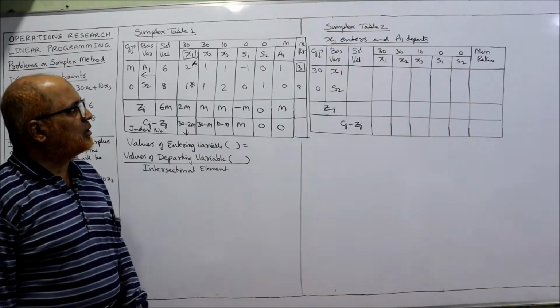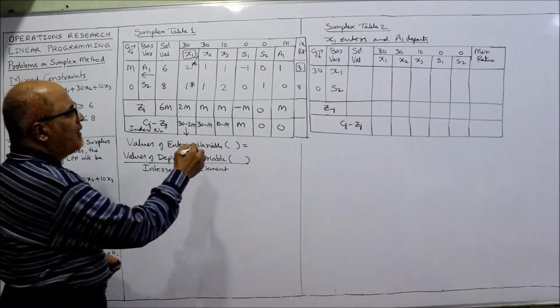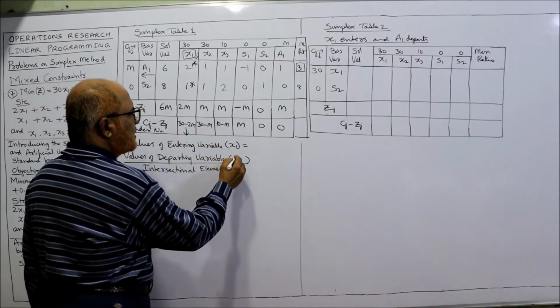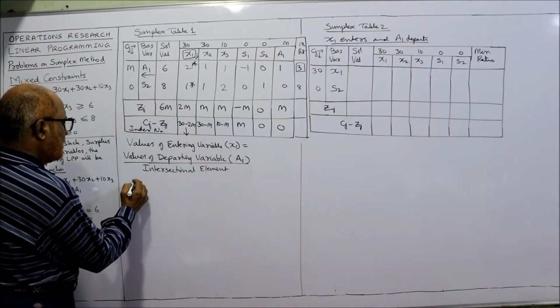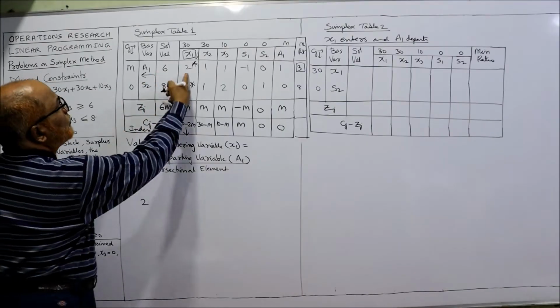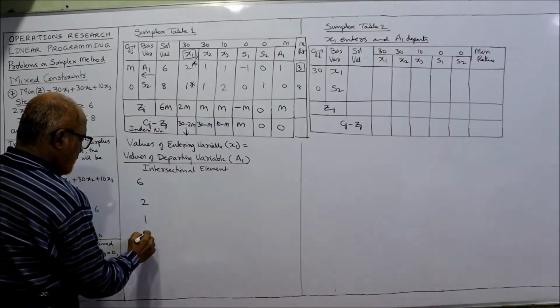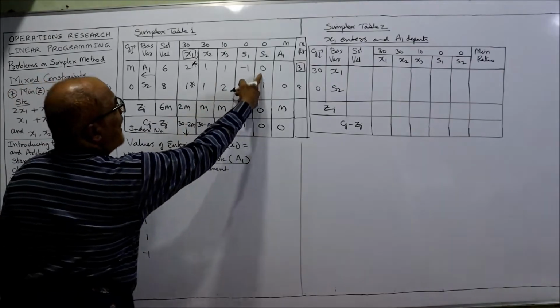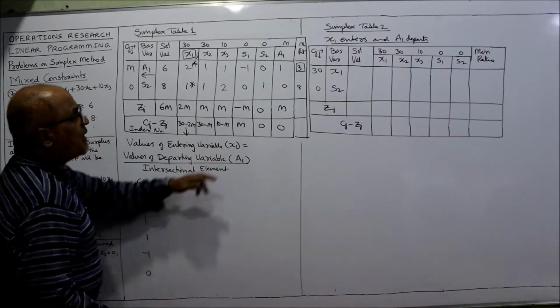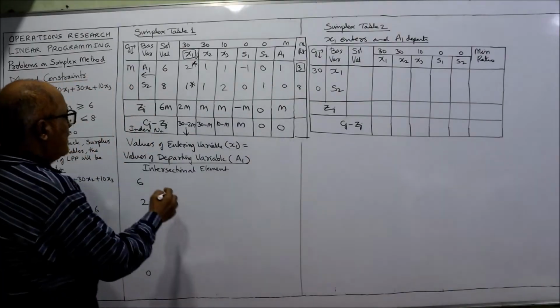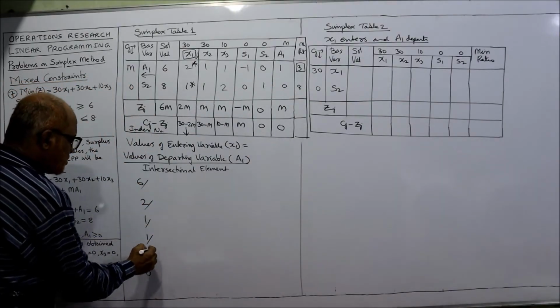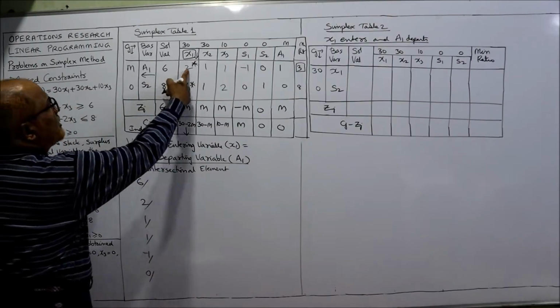Now we have to find out the values of the entering variable. The entering variable x1 is equal to values of departing variable a1. A1 values are 6, 2, 1, 1, minus 1 and 0. Remember, I am not taking a1 because a1 is departed. Divided by intersectional element. What is the intersectional element here? 2.